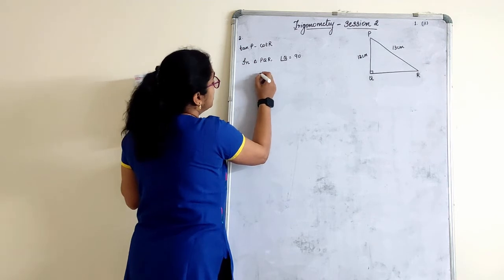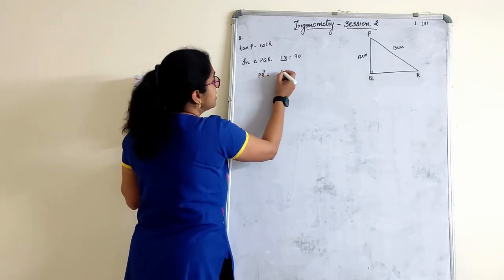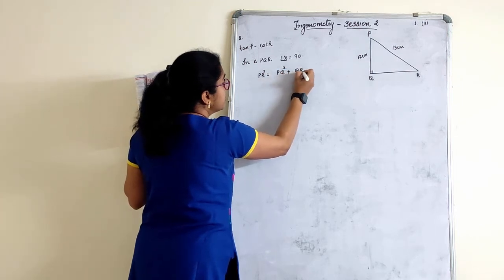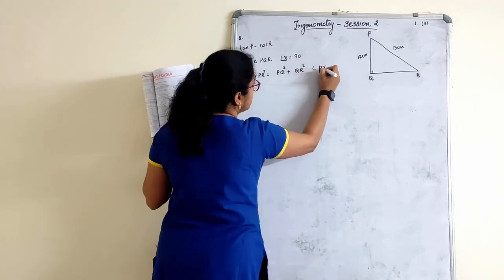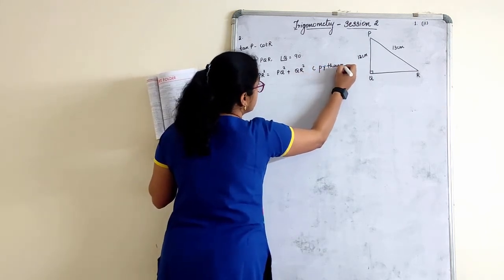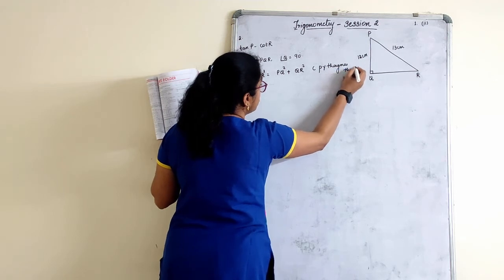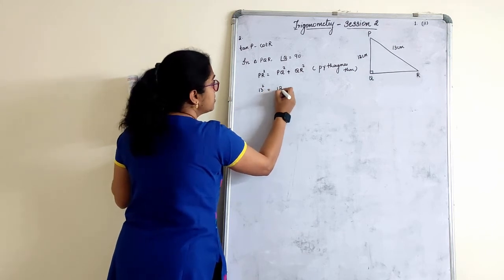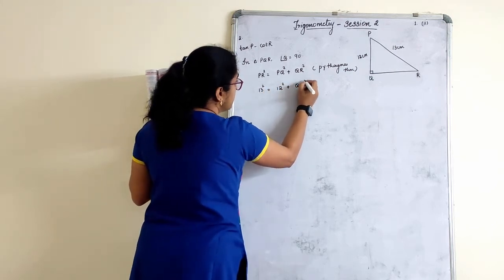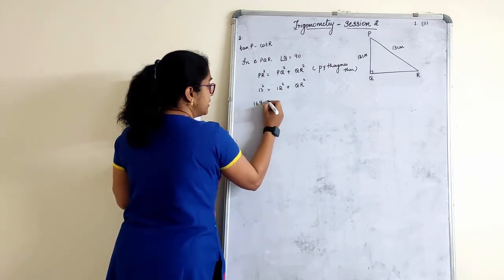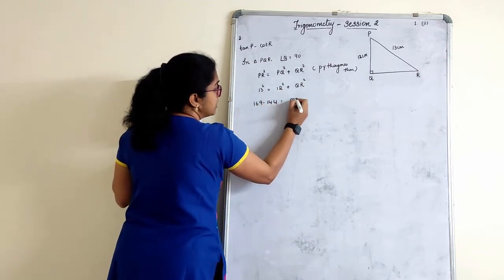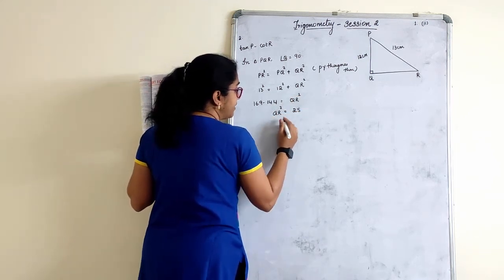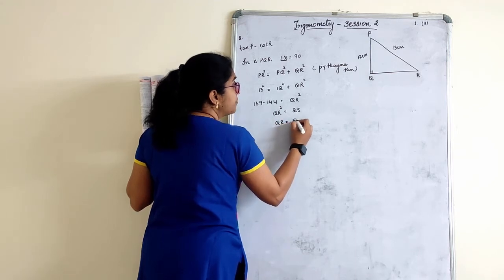So PR square is equal to PQ square plus QR square, that is Pythagoras theorem. These things you have to write compulsorily. PR is how much? 13 square. PQ is 12 square plus QR square. 169 minus 144 is equal to QR square. QR square is equal to 25 and QR is equal to 5 centimeter.